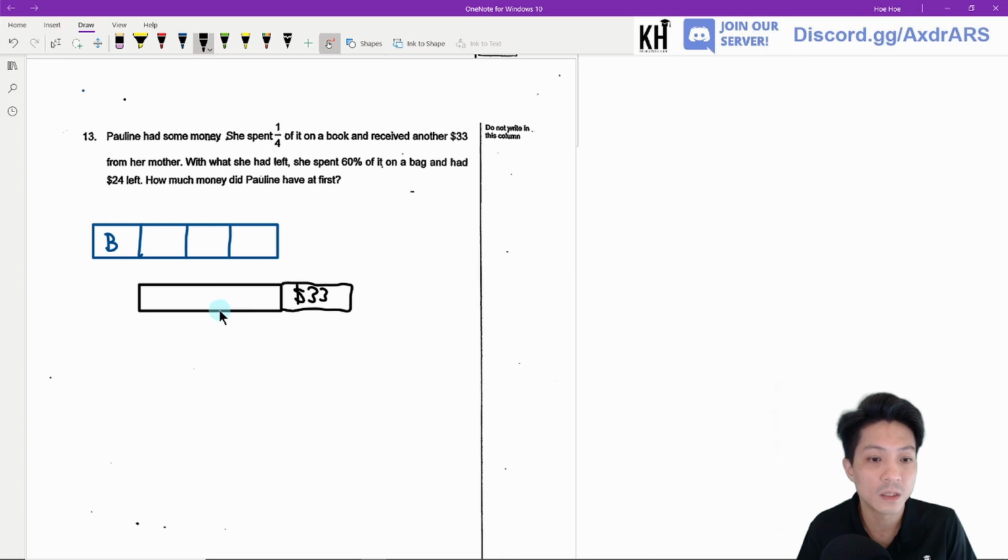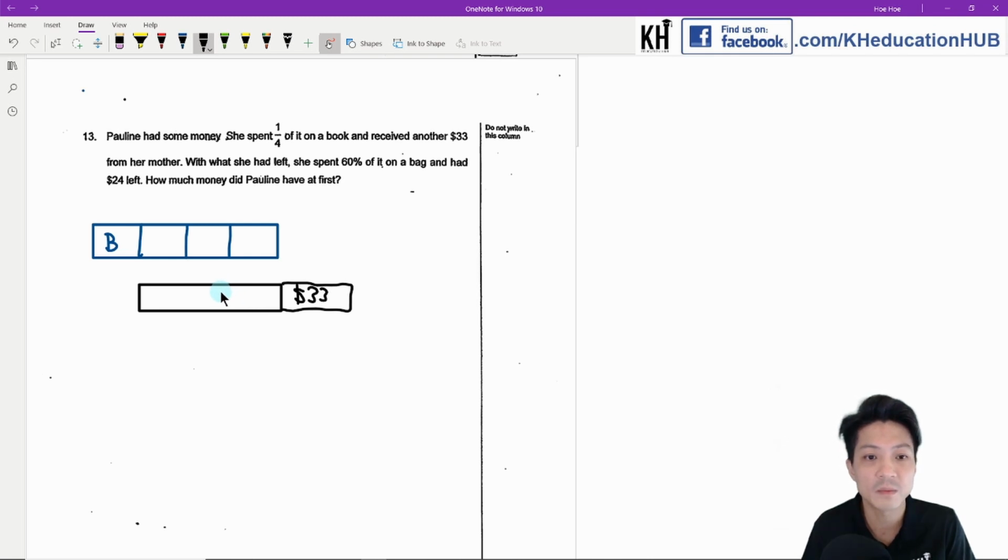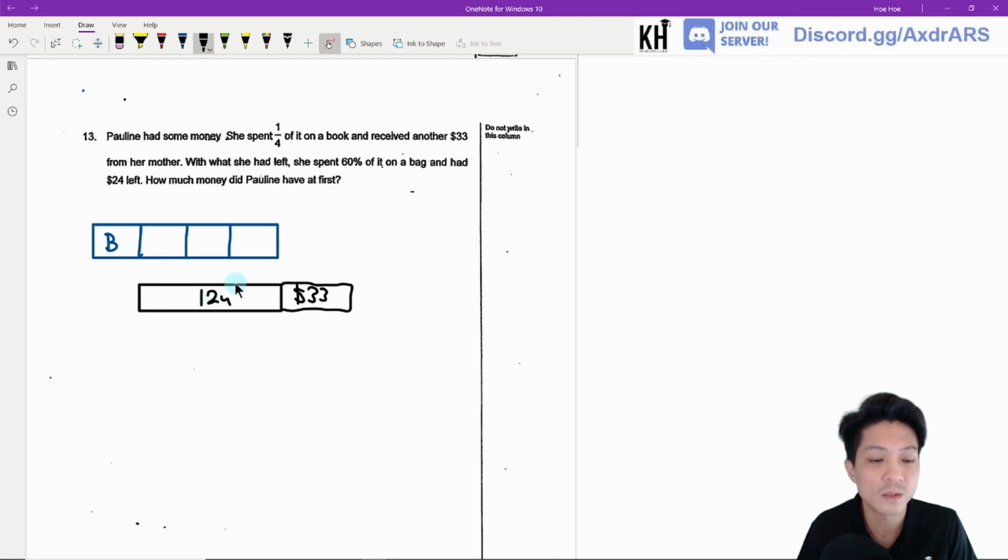So over here, I can let it be any units that can be divided by 12. Okay, so I'm gonna use 12 units, which means that here will be 4 units each.